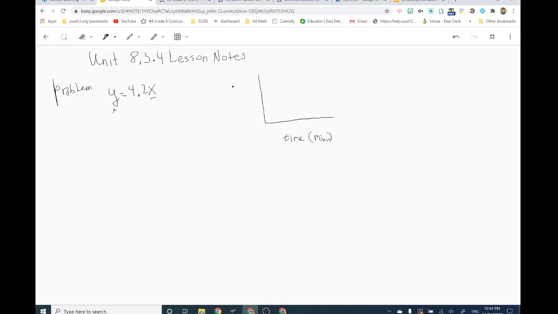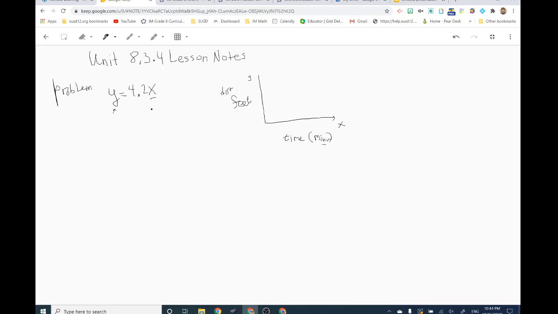And on the y-axis, what if this is maybe feet? Okay, feet. I'm just going to try to imagine a situation. So the y-axis is going to be distance, and the unit is feet, and the x-axis is going to be time, and the unit is minutes.